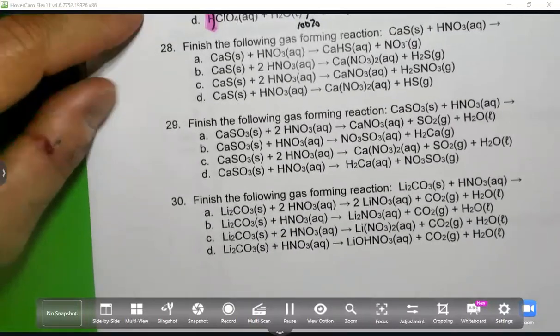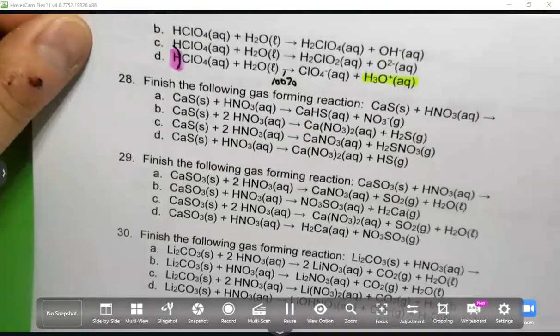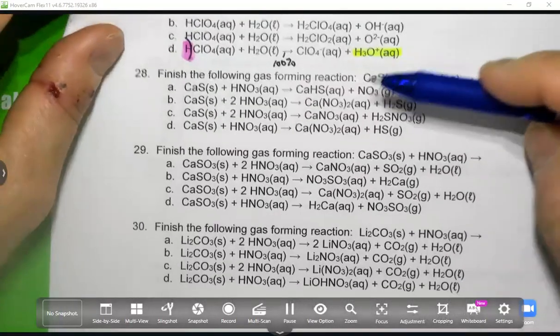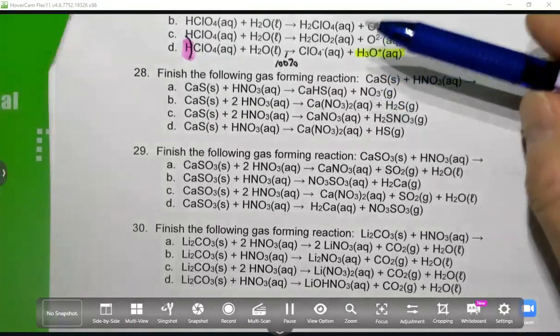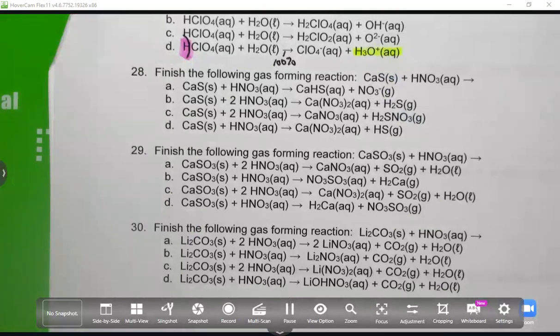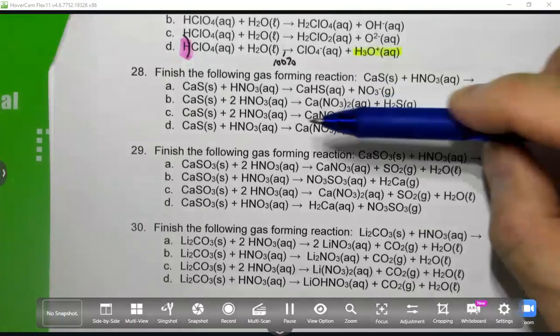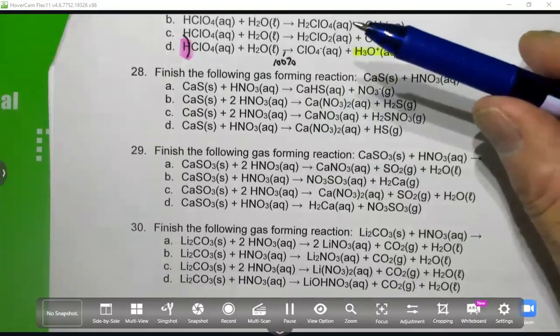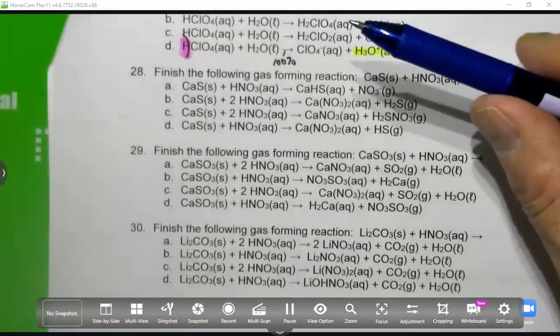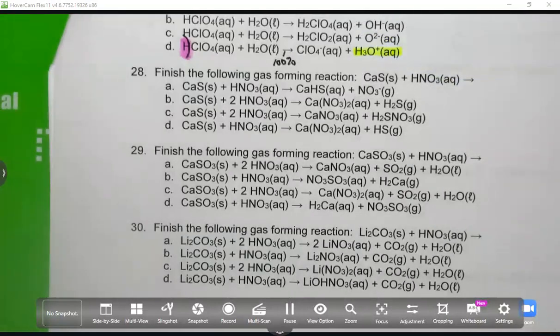So we're at 28, 29, 30. Let's look at these. If you look at the test outline that I sent you in an email, I didn't put very many of these on a test. I think 1, maybe, not a lot, but there is 1.